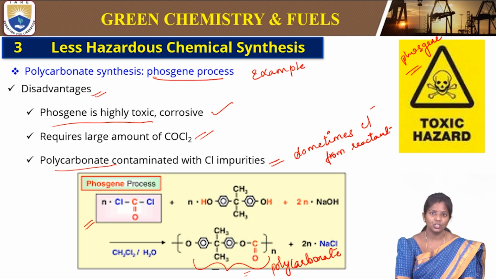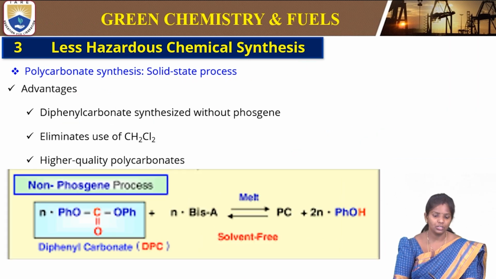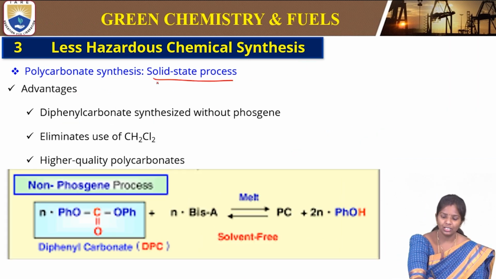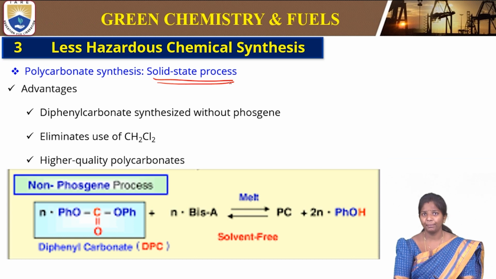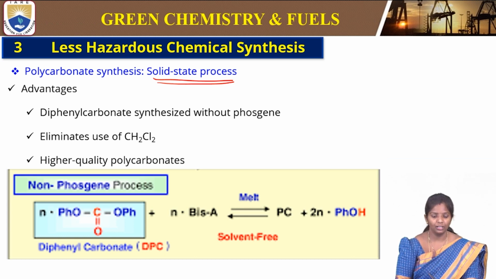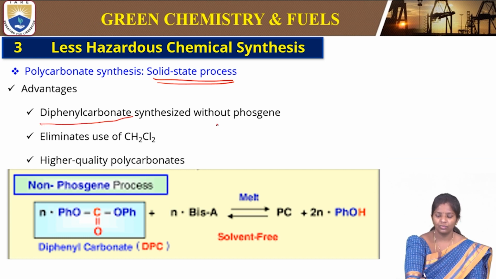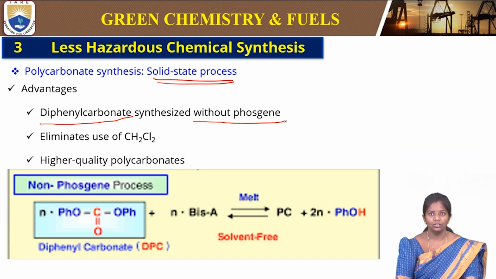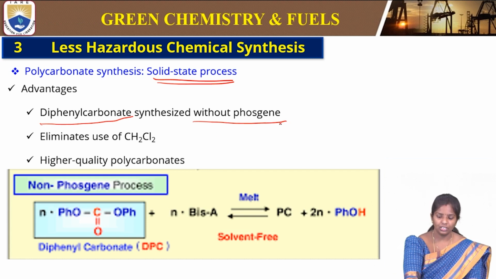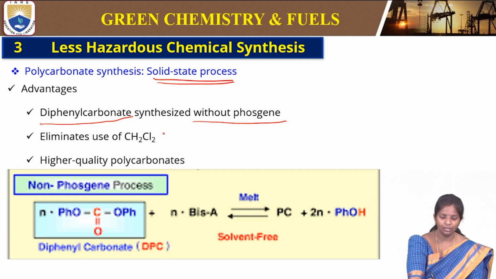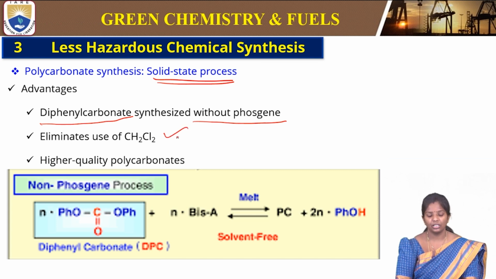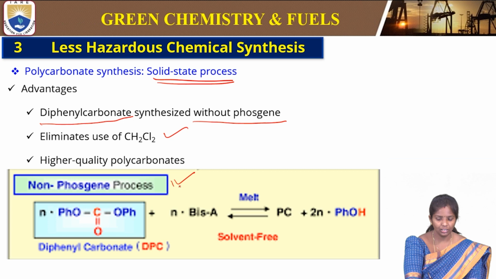When it comes to a green process for the same method, we will see how it reduces these problems. In the solid state process, polycarbonate can be synthesized through a method wherein diphenyl carbonate is synthesized without phosgene usage, and this also eliminates the use of CH2Cl2. So this is a non-phosgene process.